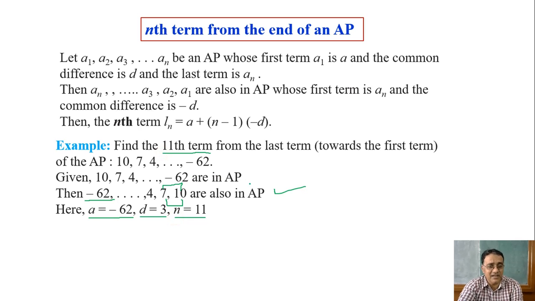We have to find the 11th term from the last term, meaning this is the last term. AN, what is the formula of AN? A plus n minus 1 into D. Right, so what is A11?